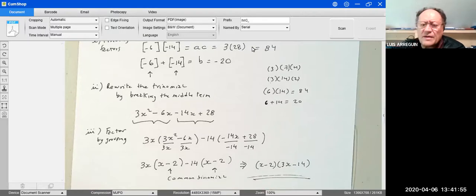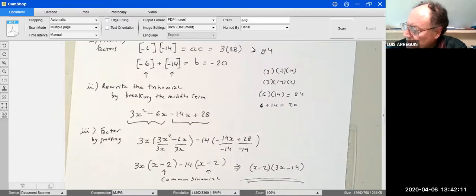So that's example 1. I'm going to solve 2 more examples, maybe 3 more examples, and then you're going to be able to play with these things. I'm going to solve as many as possible.